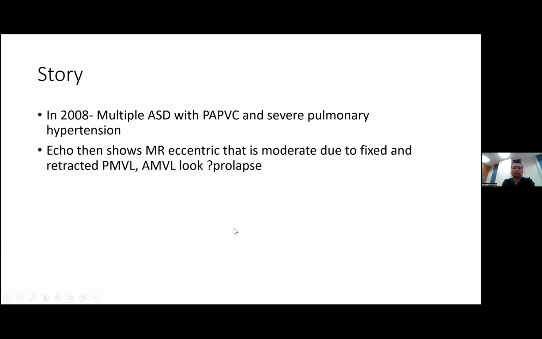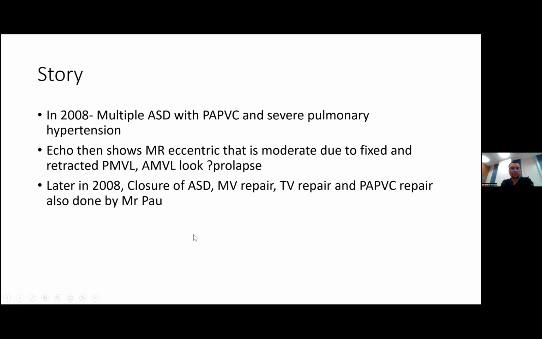Echo at that time in 2008 showed eccentric moderate mitral regurgitation due to a fixed and retracted posterior mitral valve leaflet, and the AMVL looked, at that time, query prolapse. Later in 2008, she had closure of the ASD, mitral valve repair, tricuspid valve repair, and partial anomalous pulmonary venous connection repair done by our surgeon, Mr. Pao.